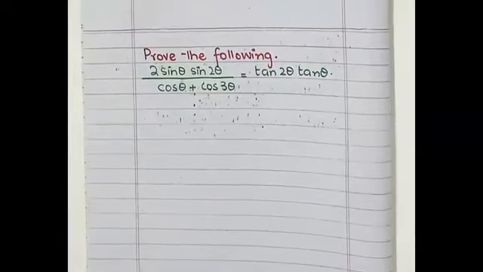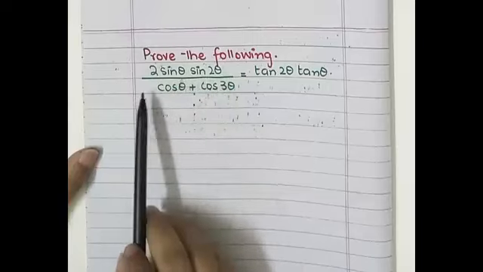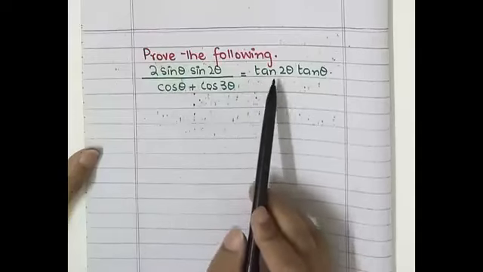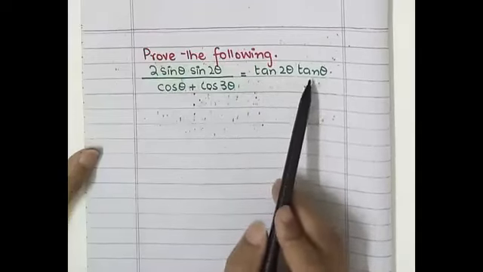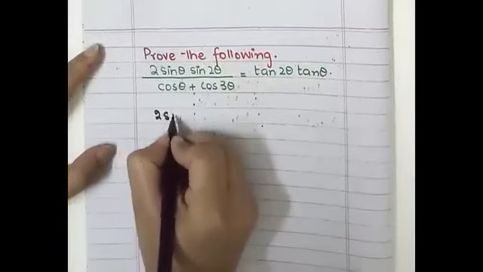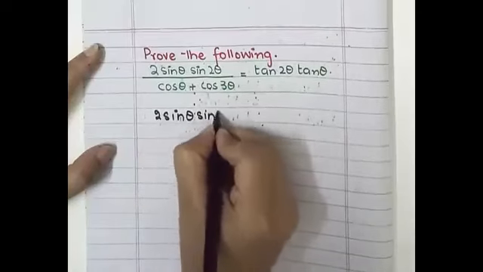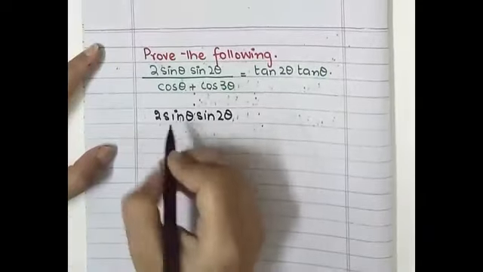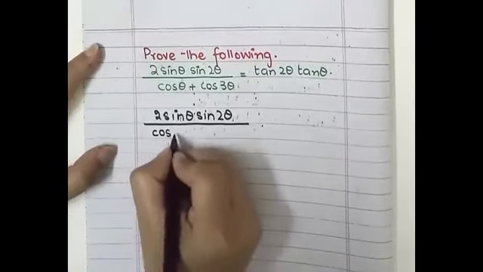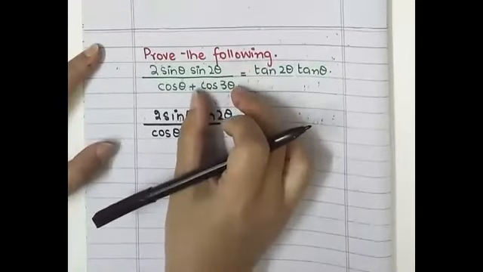Next question is: prove the following. 2 tan theta times sin 2 theta over cos theta plus cos 3 theta is equal to tan 2 theta into tan theta. So here we have 2 sin theta, sin 2 theta written as it is, divided by cos theta plus cos 3 theta.